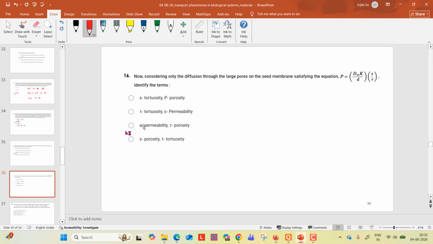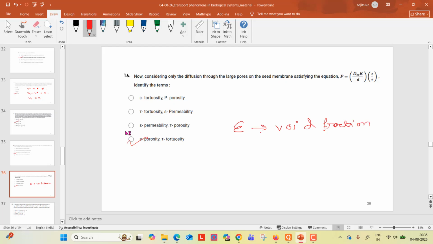Now considering only the diffusion through the large pores on the seed membrane, satisfying the equation, P is the permeability, epsilon is the porosity and tau is the tortuosity. So epsilon is the void fraction available for diffusion. So porosity is defined as void fraction, volume of pore divided by total volume.